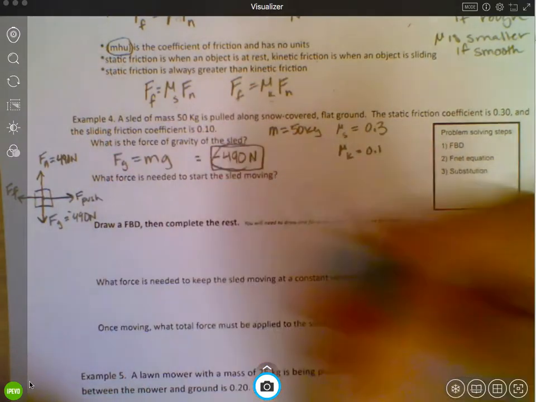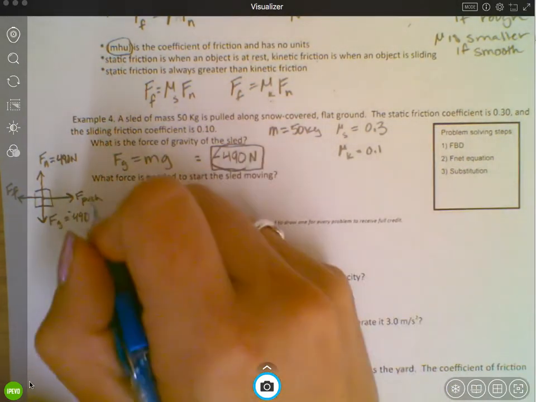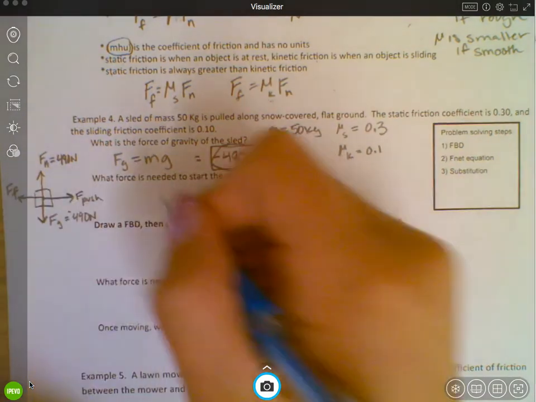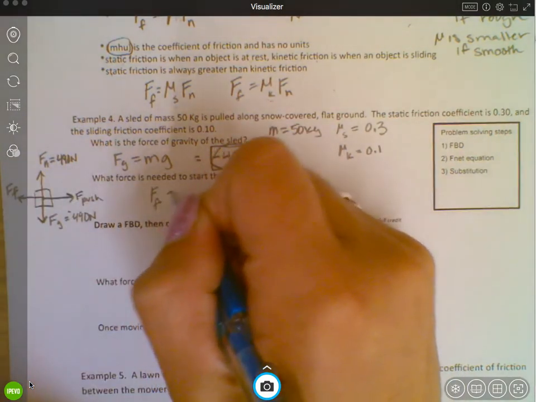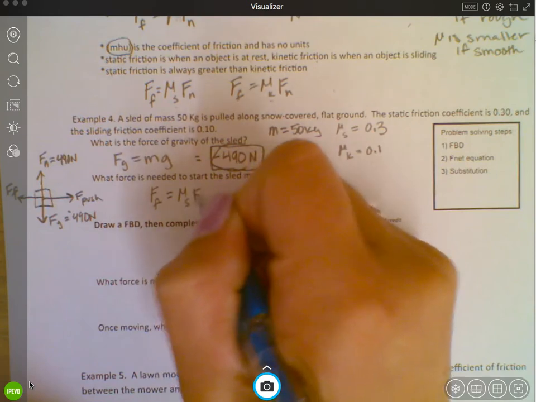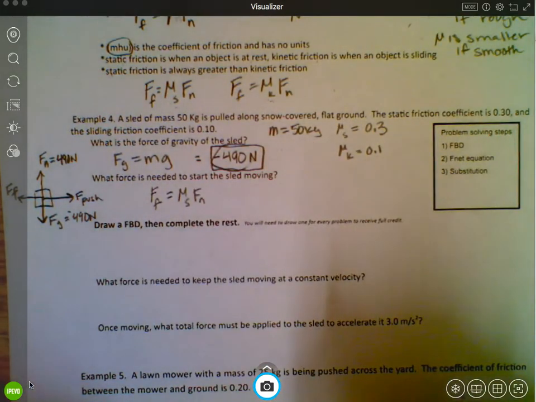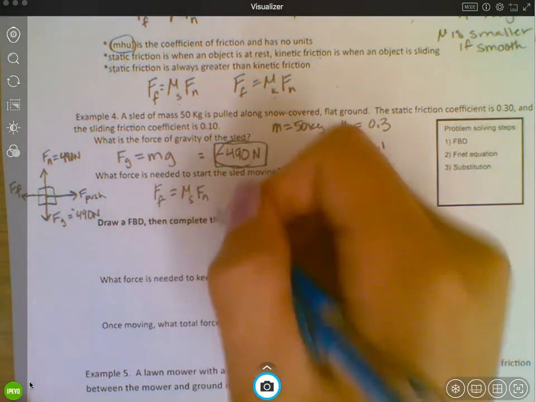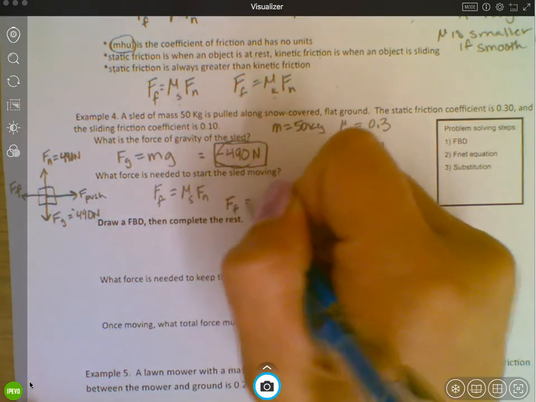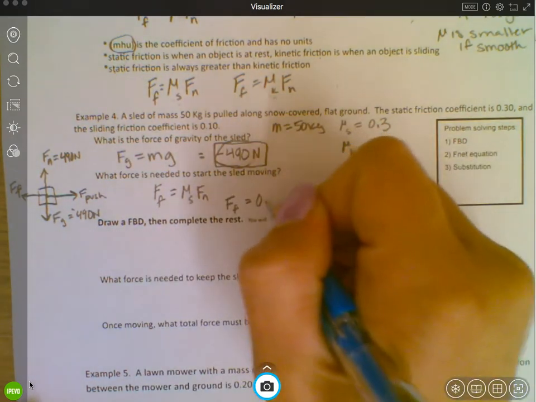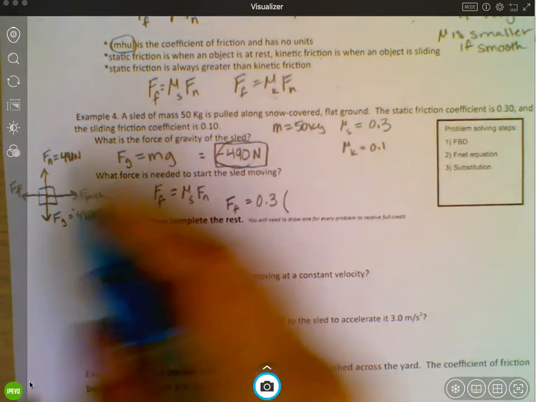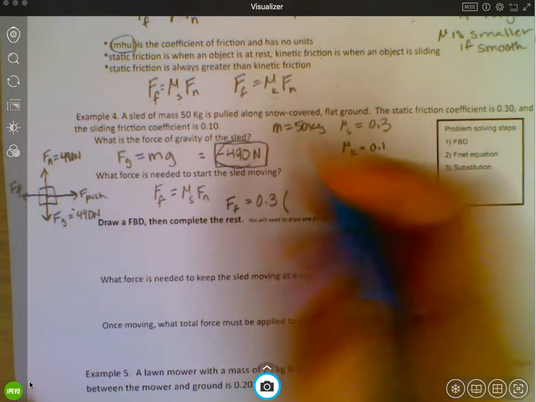Basically, in order to get it moving, F push has to be bigger than static friction. So we need to find out what the static friction is, and that's the amount that we would need to push with, okay? So static friction equals mu s, which is 0.3, times the normal force, which we already figured out in our free body diagram, is 490.